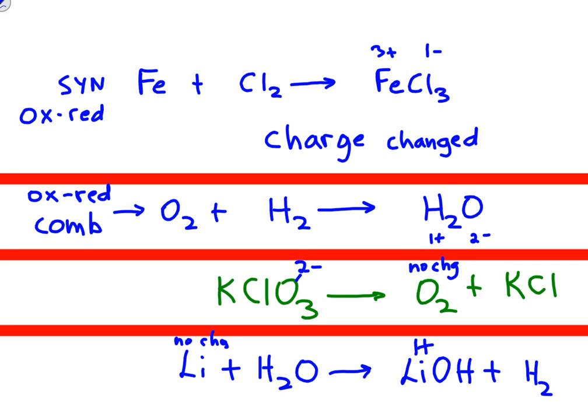Okay? So all combustion is change in charge. All right, what do we have in this next one? KClO3 produces oxygen. Come on, what is that signal? Change in charge. Starts with an O. Oxred.